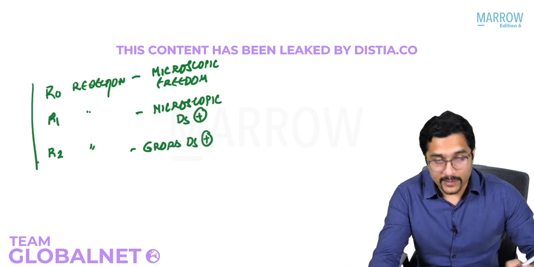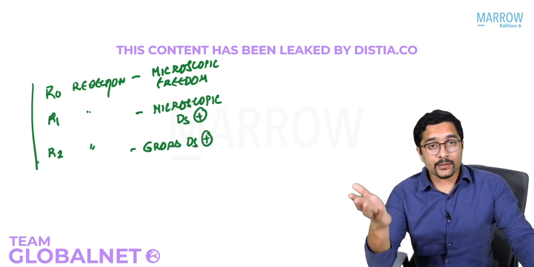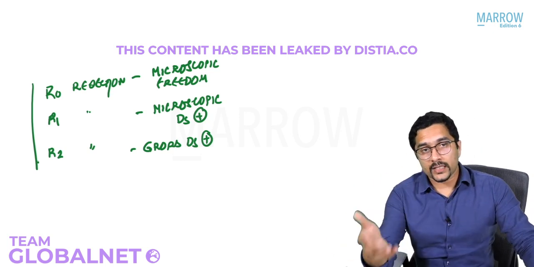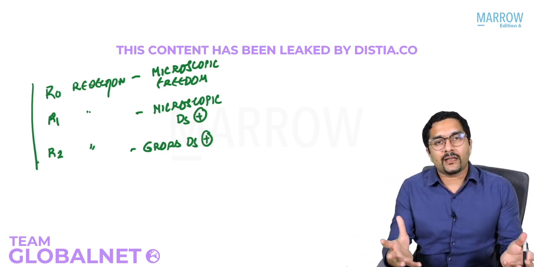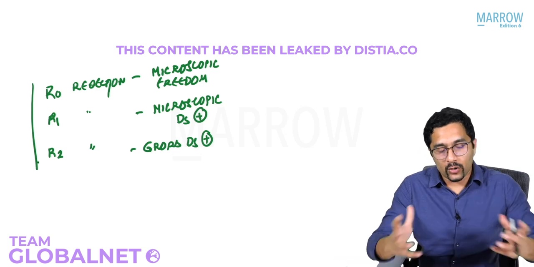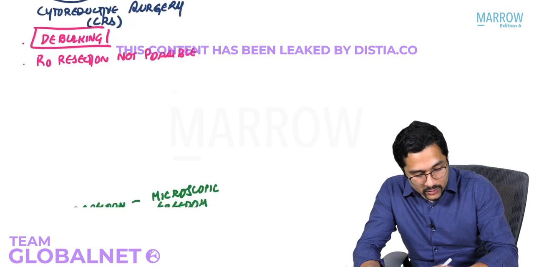So these are the three types of resections which are done. Usually we do an R0, but in certain situations like in these mucinous neoplasms or pseudomyxoma peritonei, where there is jelly-like material all over the abdomen, all over the peritoneal cavity, R0 resections are usually not possible.